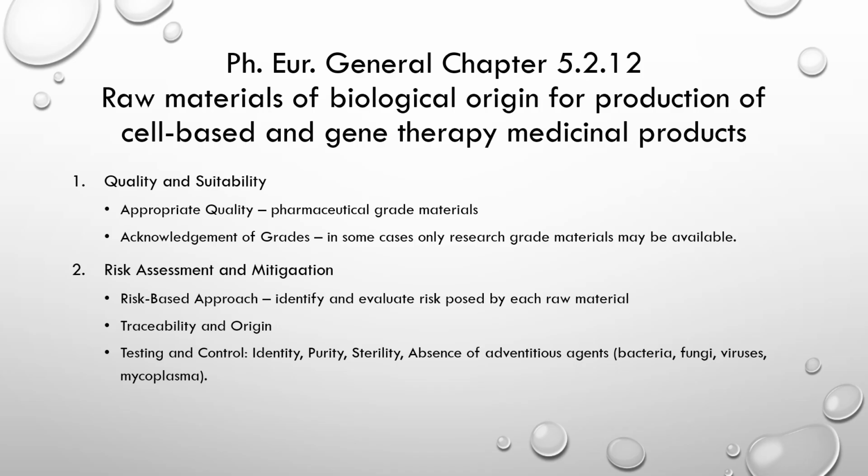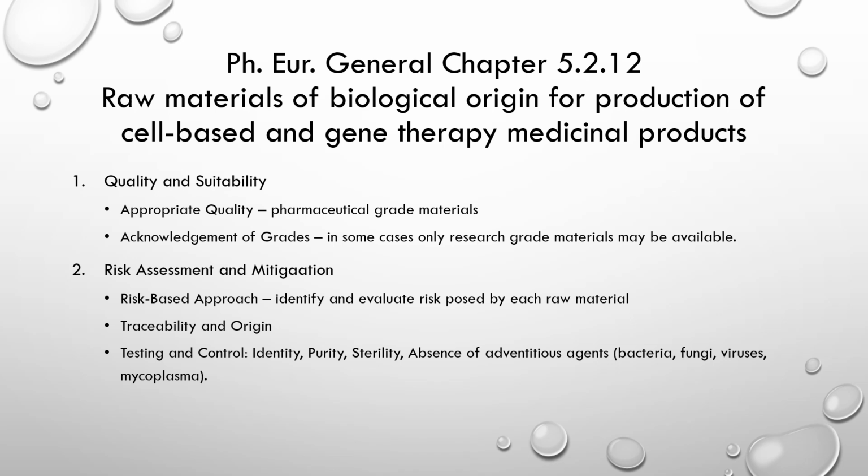I want to talk about the European chapter on the requirements for risk management, if you like, for raw materials used in the manufacture of advanced therapies such as cell-based and gene therapy medicinal products.